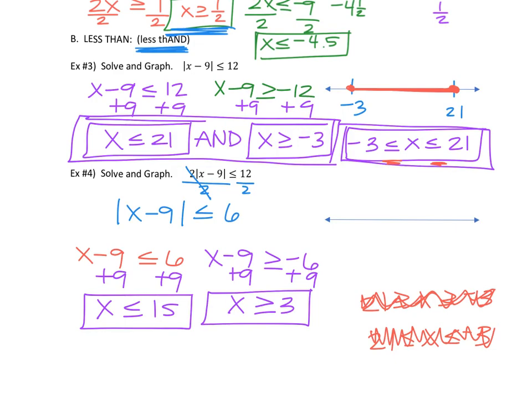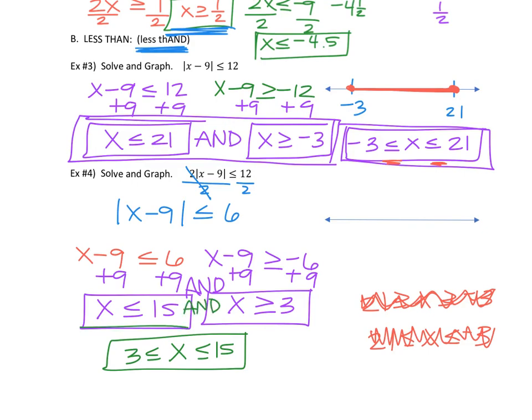So if you want, this is "and," right? If you want to rewrite it, what's the smaller number? 3. So 3 should go on the left, and then always less thans. If you don't want to rewrite it, then just leave it like this and put an "and" in between.